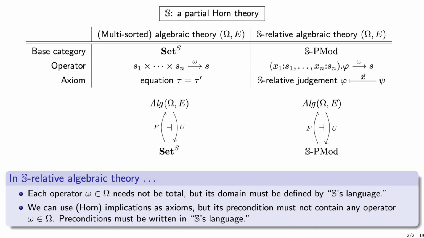On the other hand, S-relative algebraic theory takes S-Mod as its base category, and each operator takes a finite tuple satisfying the Horn formula phi as input, and we can use S-relative judgments as its axioms. Most algebraic theories have three forgetful adjunctions like this.